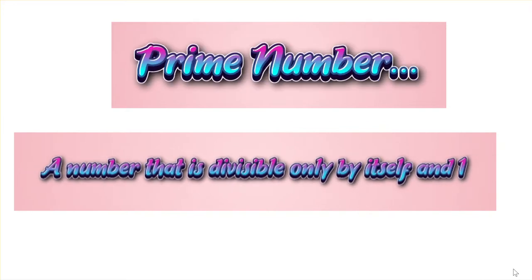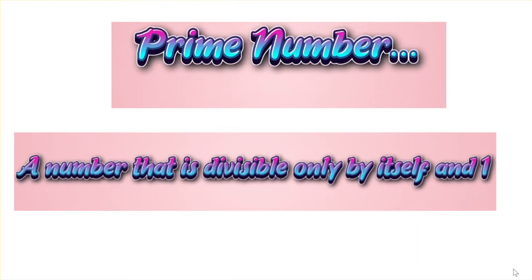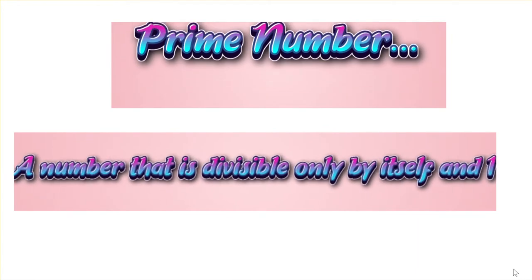A number that is divisible by itself and one. It is called a prime number. It's a number that is divisible by itself and one.